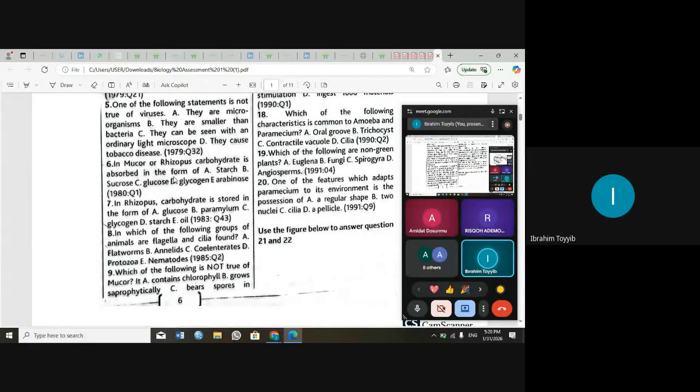Plants store excess glucose as starch, while animals store excess glucose as glycogen. But fungi is different from plants. So fungi store this as glucose. But plants will store glucose as starch.